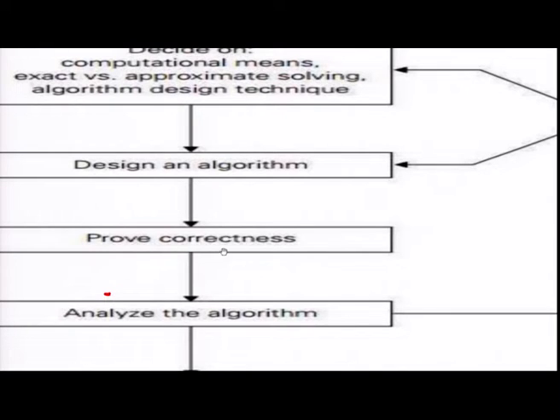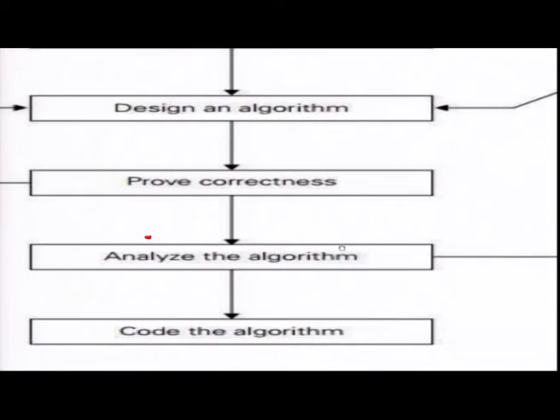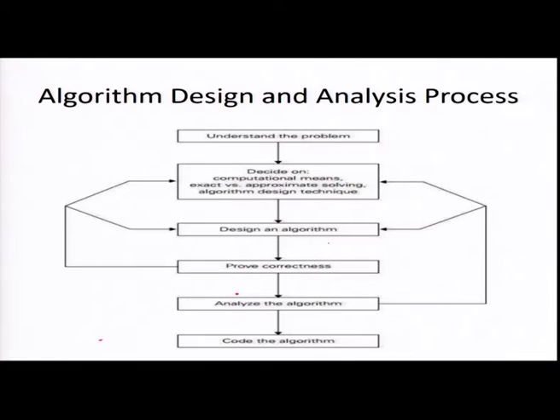Then you prove the correctness, then again you analyze the algorithm. If the algorithm is analyzed, then the algorithm is coded. So this is how the algorithm design and analysis process takes place.